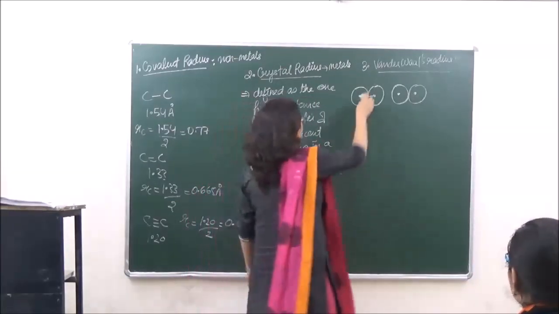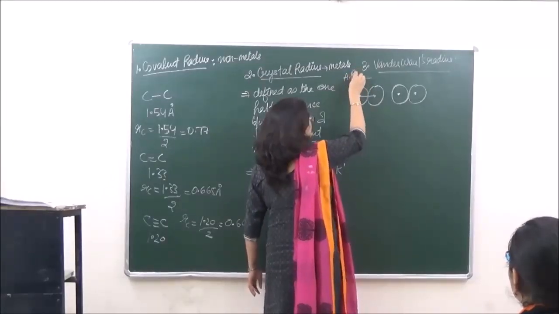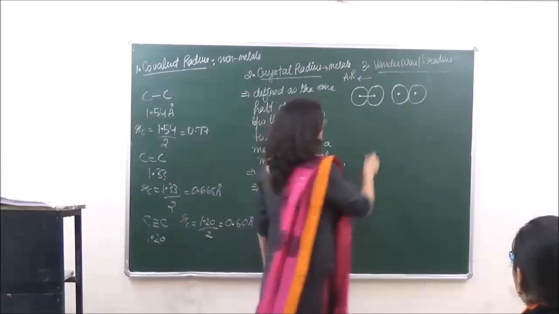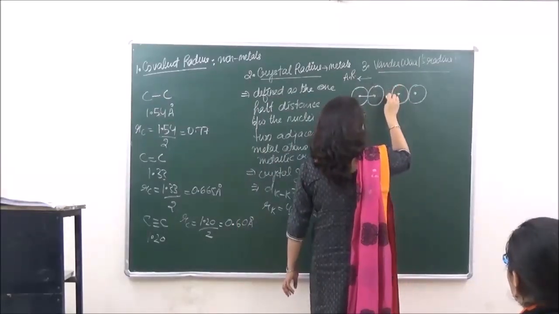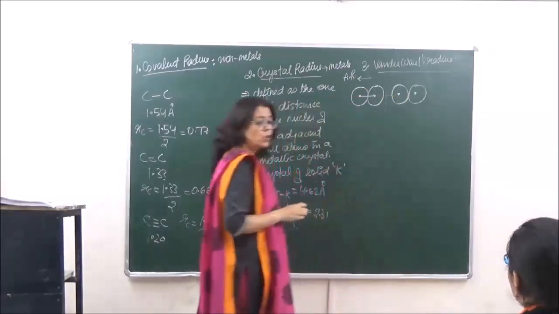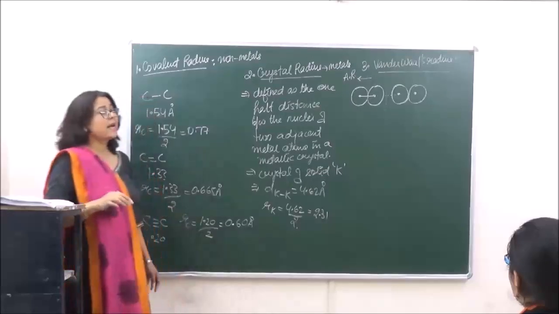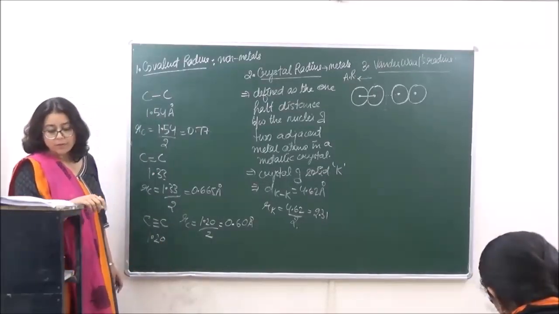Okay? So this radius is going to be the atomic radius. Van der Waals radius is the half of the distance between the two adjacent atoms of non-bonded molecules. There is no bonding between these.